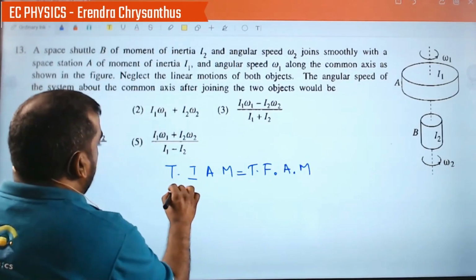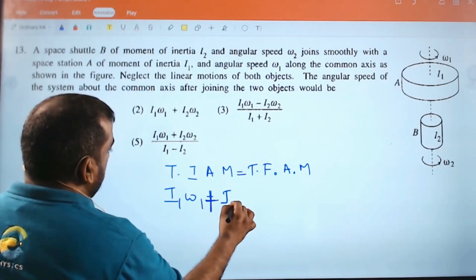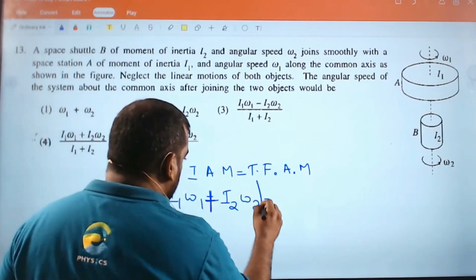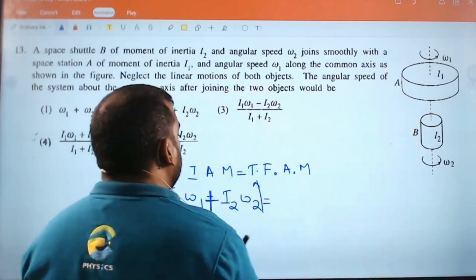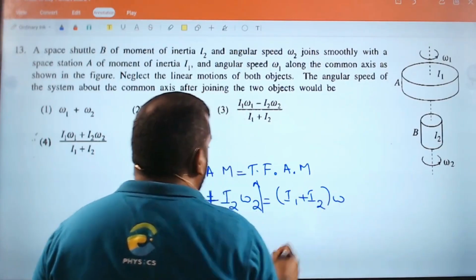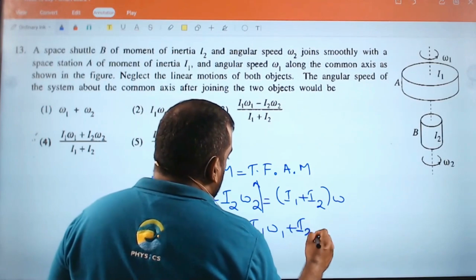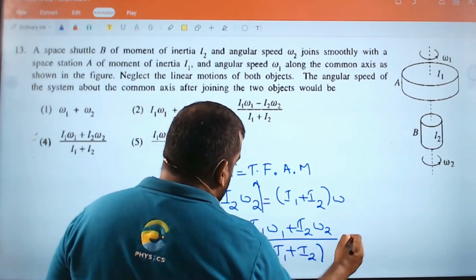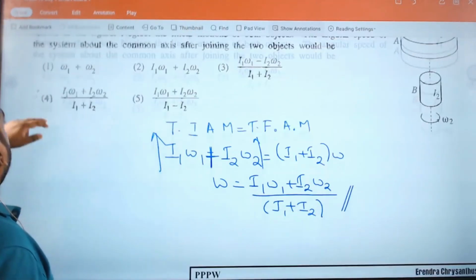So here you can say I1 omega 1 plus I2 omega 2, both are in the same direction. If you apply the right hand rule, there you go, upwards. Joined together, I1 plus I2 times omega. Omega is (I1 omega 1 plus I2 omega 2) divided by (I1 plus I2). There you go. Yeah. Okay.